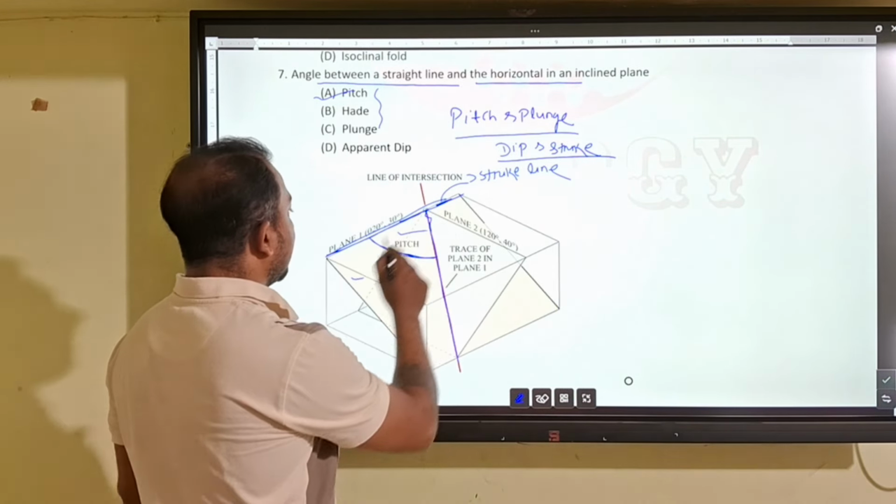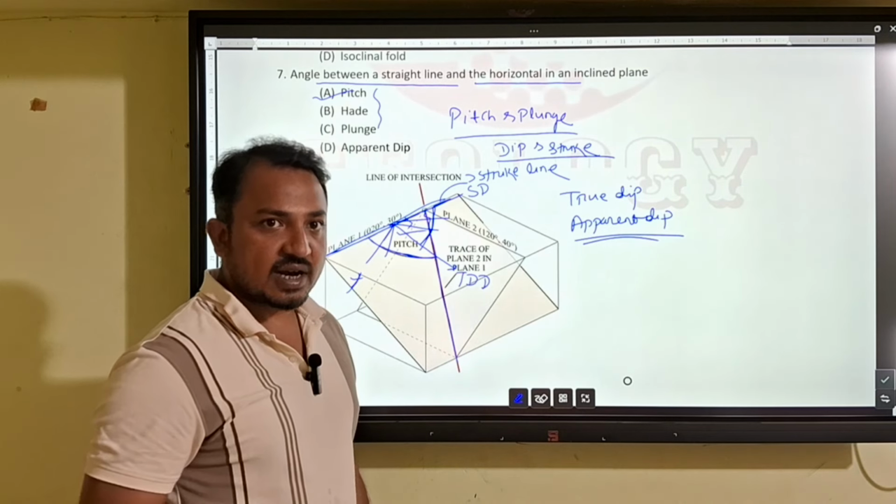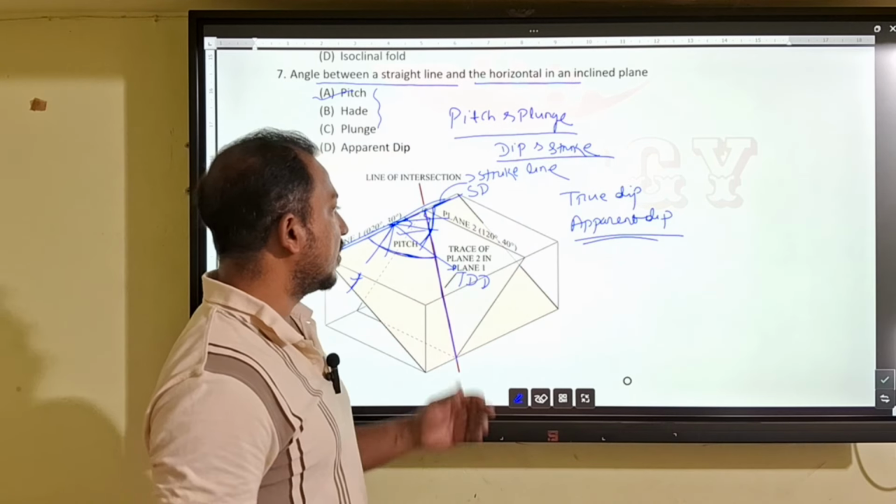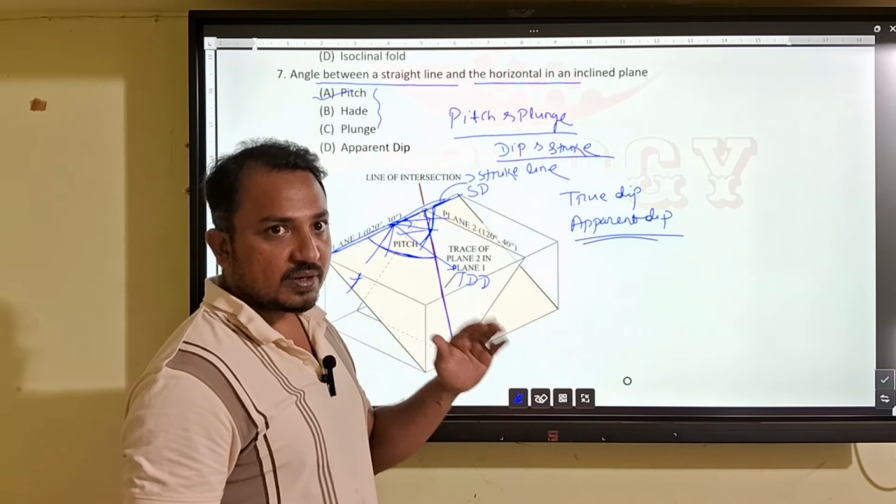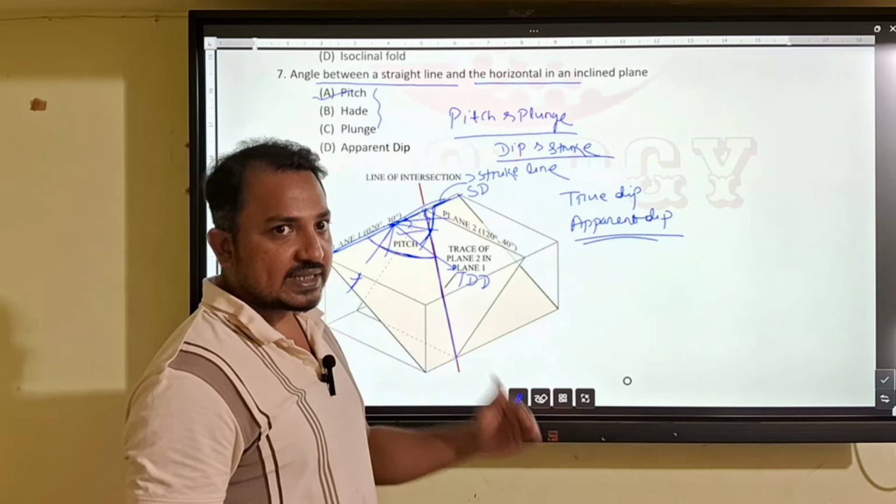If you measure dip in other directions, they are all called apparent dip, which is always less than the true dip. So this will be the true dip direction, this is the strike direction. All other directions in between the true dip direction and strike direction are called apparent dip direction, where the apparent dip amount will be less than the true dip amount.